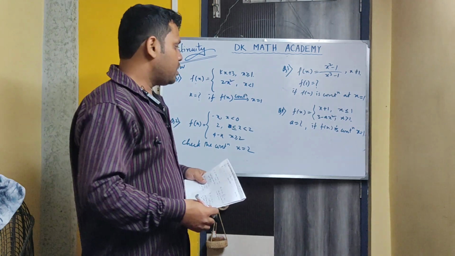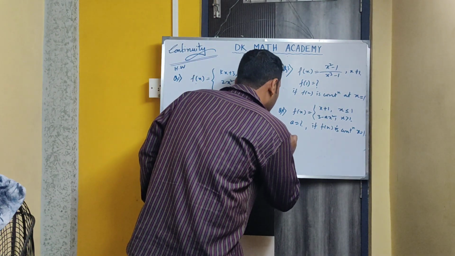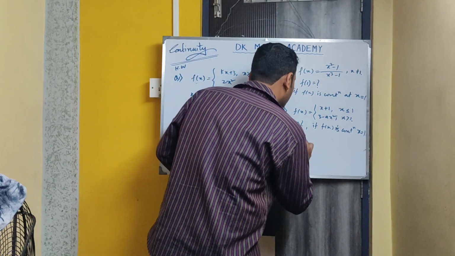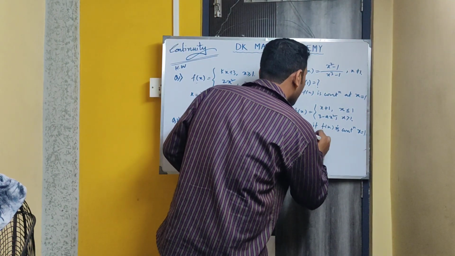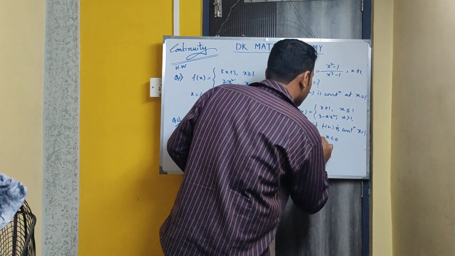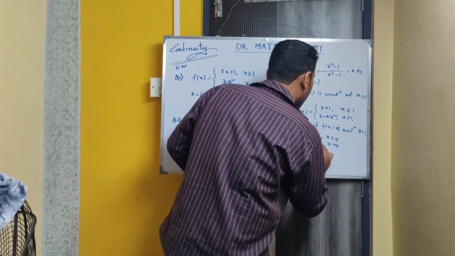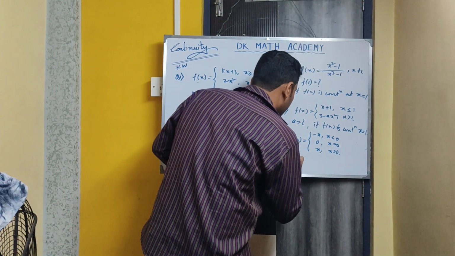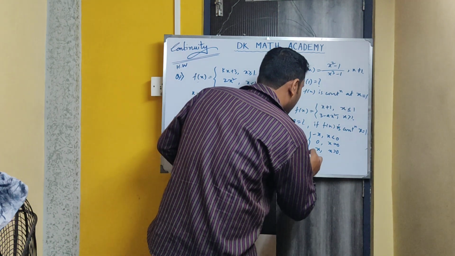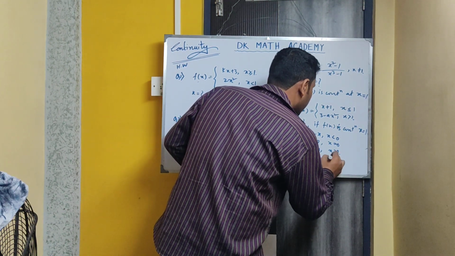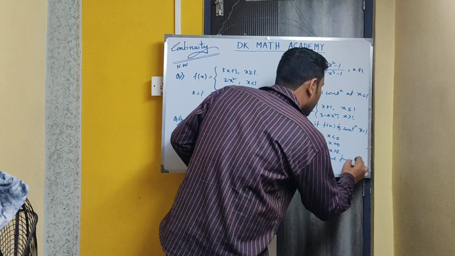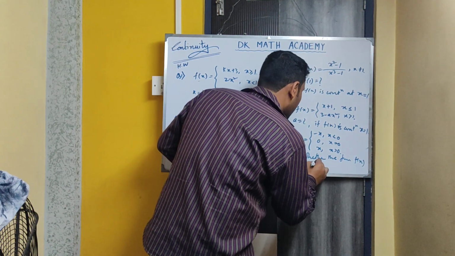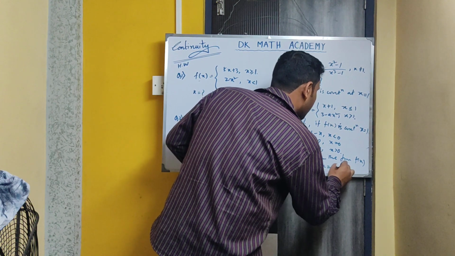Okay. The next question, we have already solved it. Suppose a function is given by f(x) equals minus x for x less than 0, 0 for x equals 0, and plus x for x greater than 0. Then whether the function f(x) is continuous at x equals 0 or not.